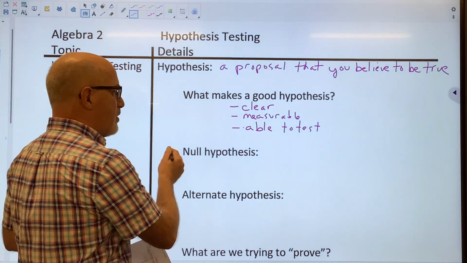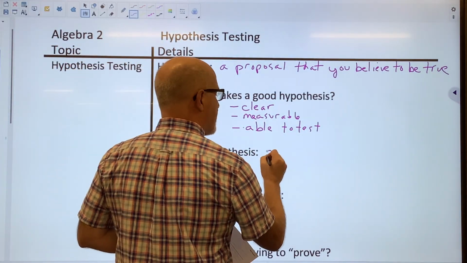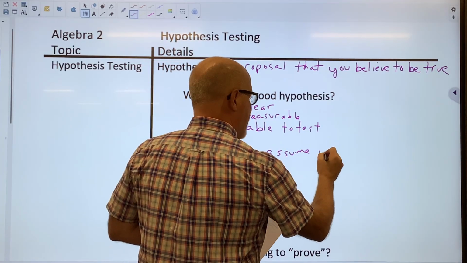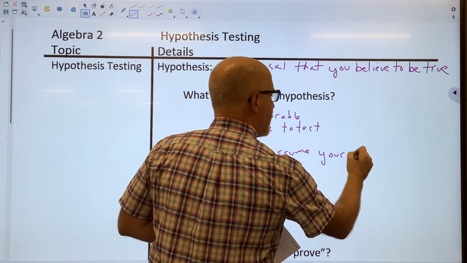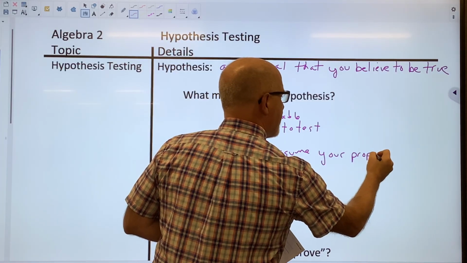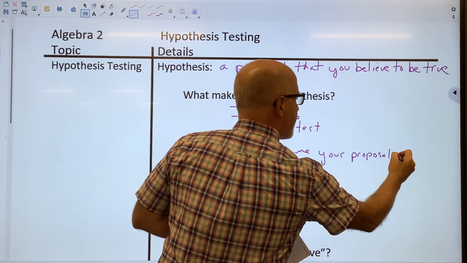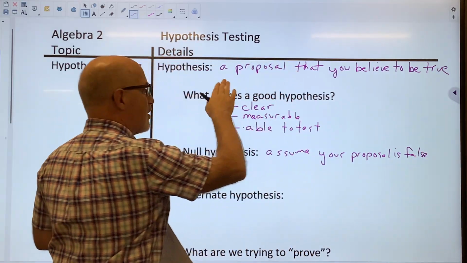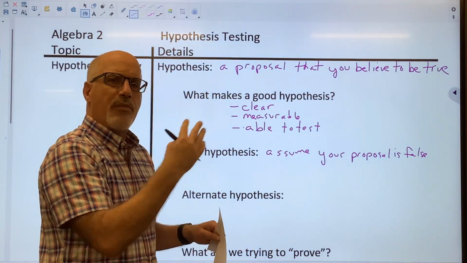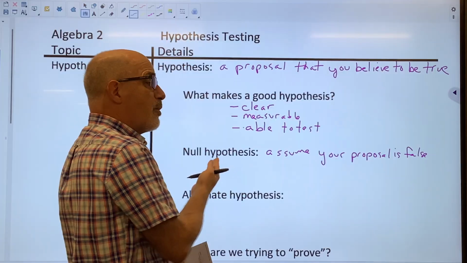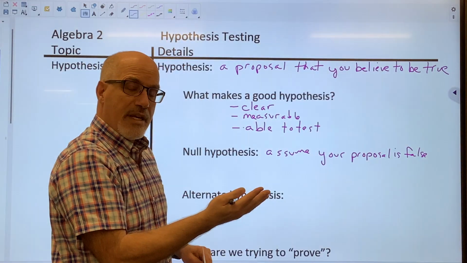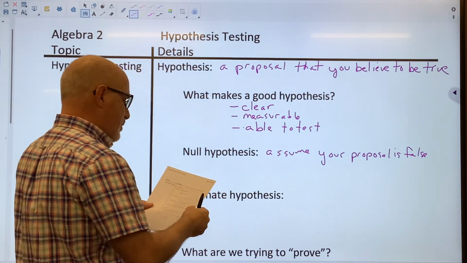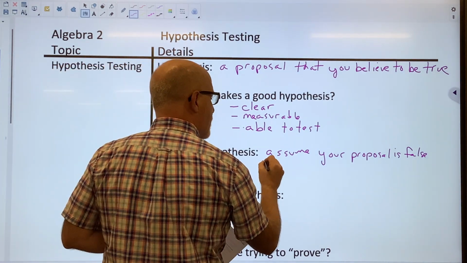So for the null hypothesis, you assume your proposal is false. What you want to be your actual hypothesis, you're proposing to be true, but you're going to assume it's false, and then you've got the burden of proof to show that it's true.